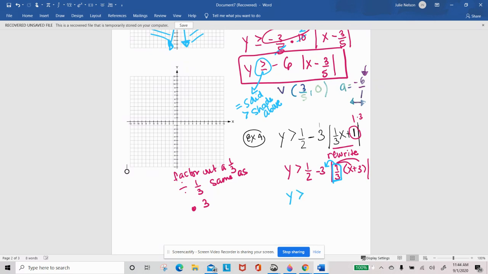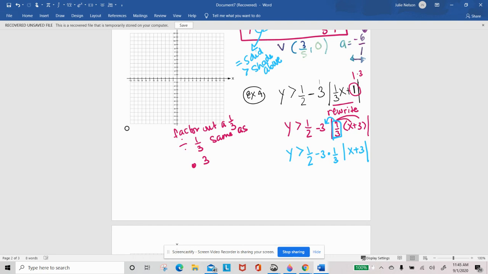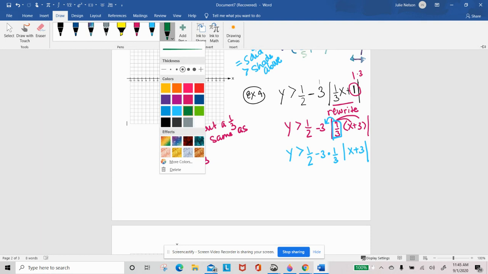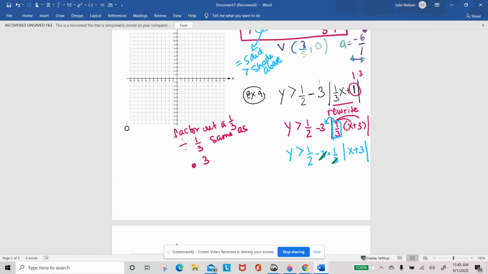So y is greater than 1/2 minus 3 times 1/3 times the absolute value of x plus 3. 3 divided by 3, those will cancel out.